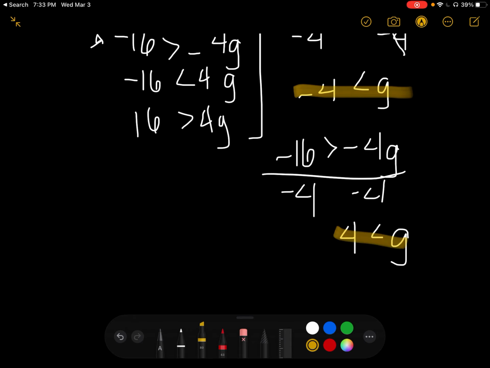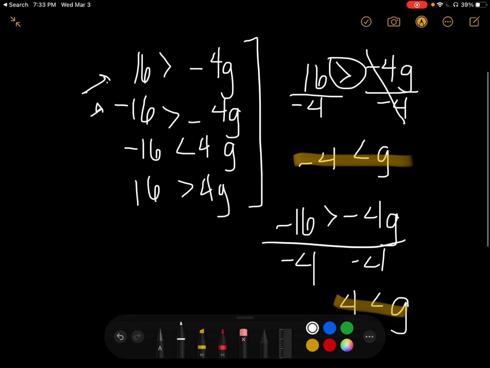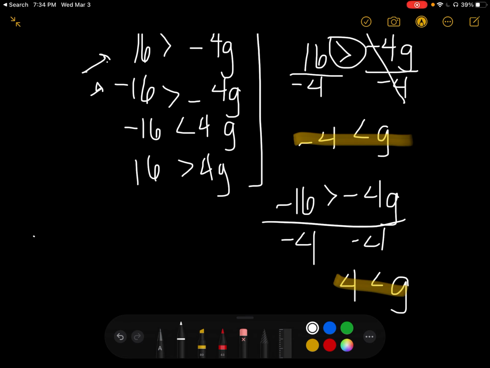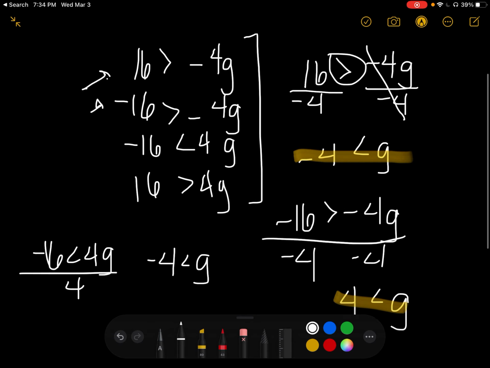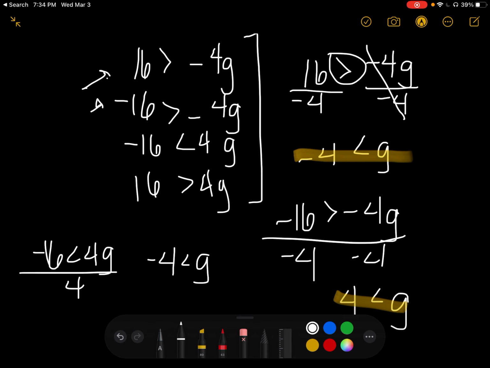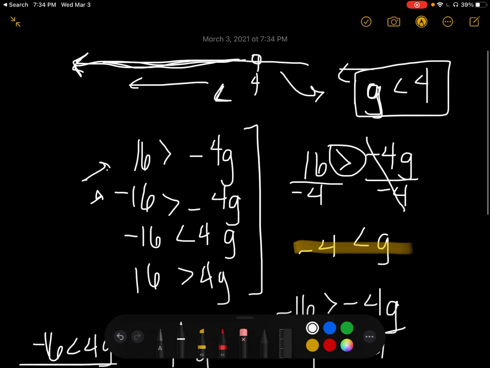Okay, so that's one of our answers. And then negative 16 less than 4g, again, divide by 4. Now we don't have to switch the signs, so it's negative 4 is less than g. And so forth. Anyway, you're just going to solve for all that.